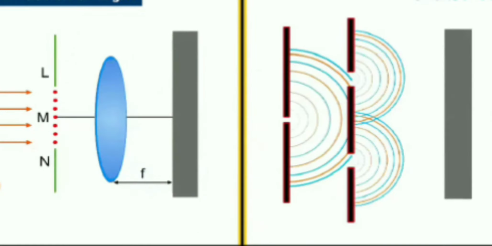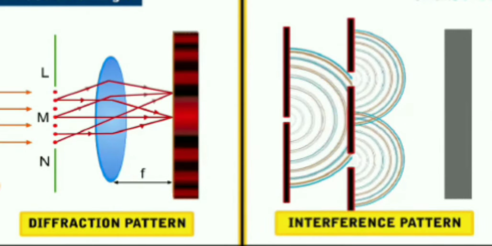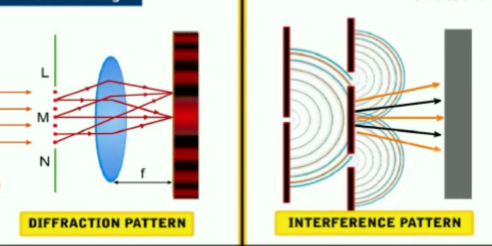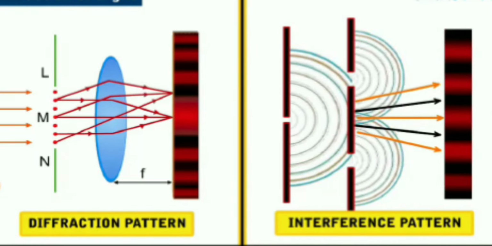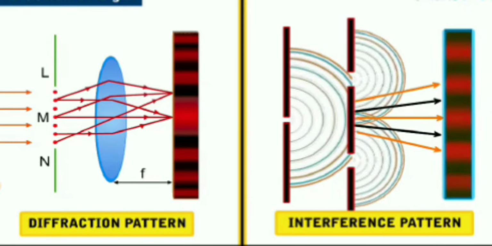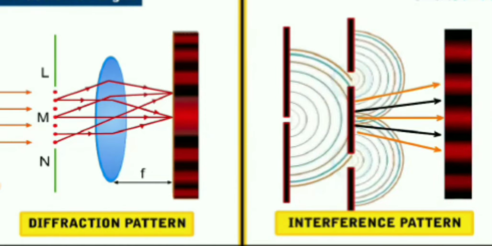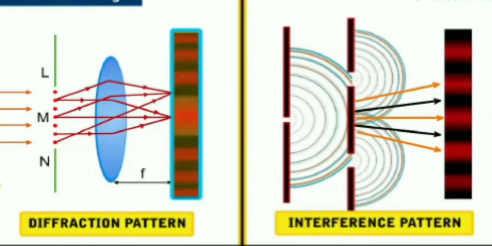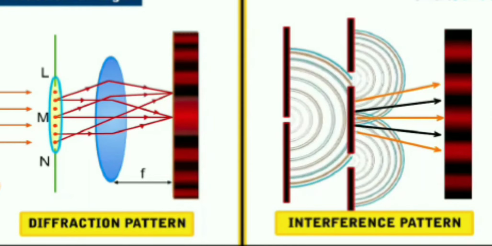Let us now compare the diffraction fringes due to a single slit with the interference fringes formed in the double slit experiment. We observe alternate bright and dark fringes in both the interference and the diffraction experiments. The fringes in the interference experiment are due to the superposition of waves from two sources, whereas the diffraction pattern is a superposition of waves originating from each of the point sources in the single slit.